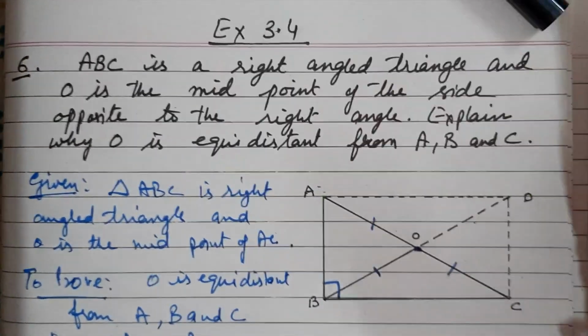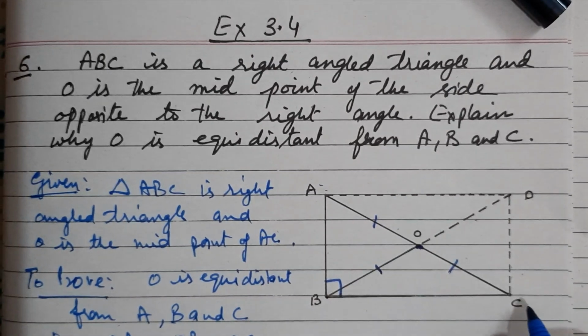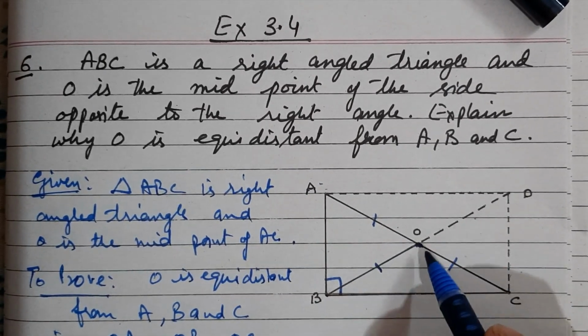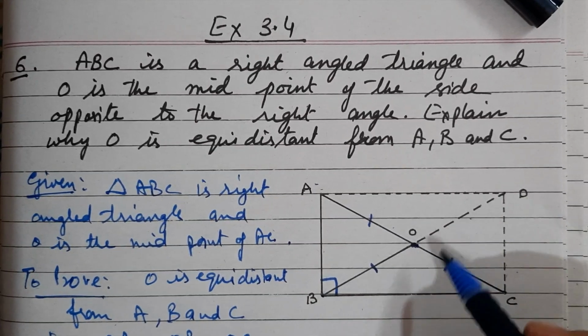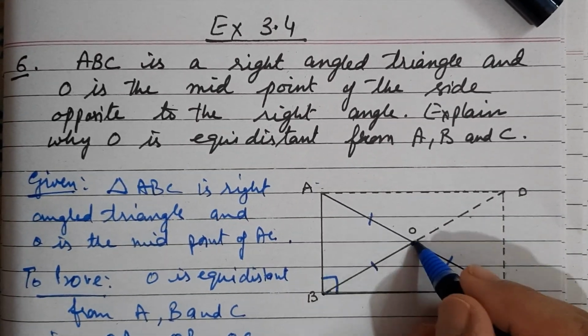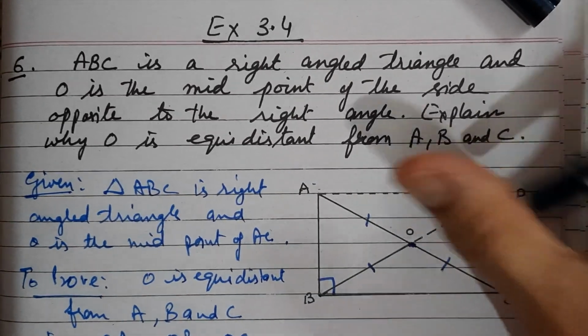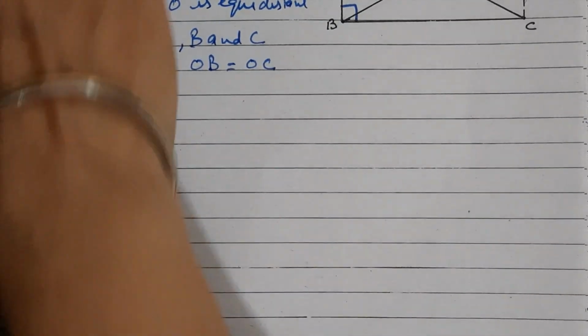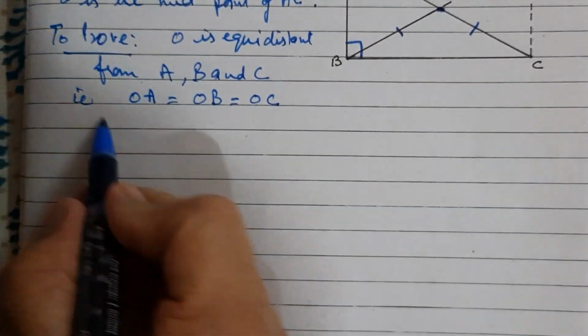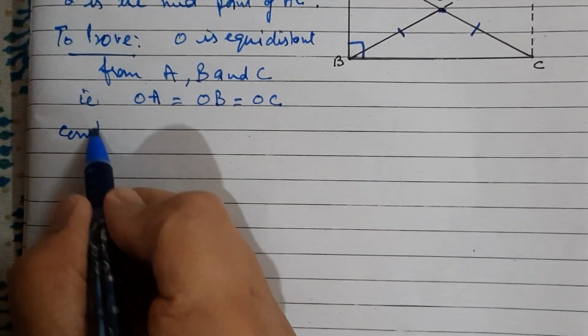So in the question dotted lines are already drawn, otherwise these helping lines we have to mention as construction, that we are doing something extra, which is construction.